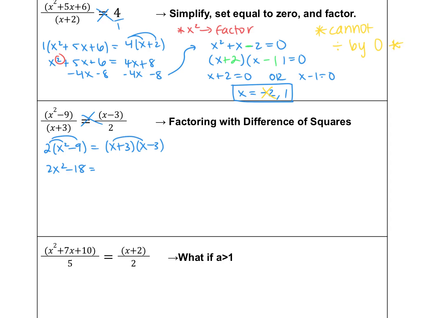On the right side, I'm going to multiply. So I would end up with an x squared, a negative 3x, a positive 3x, and a negative 9. What's really convenient that we notice is negative 3x and positive 3x are going to go away.